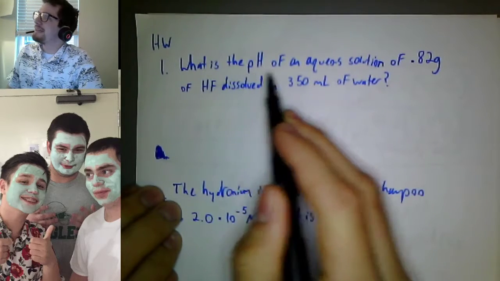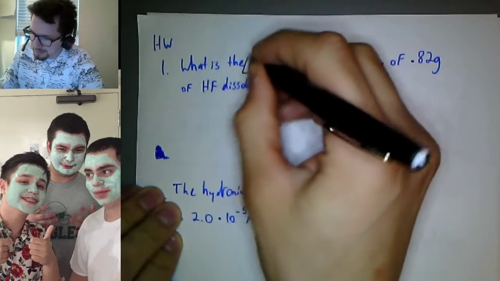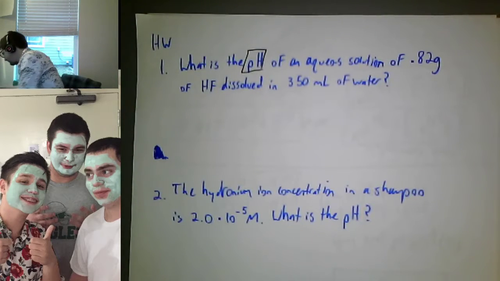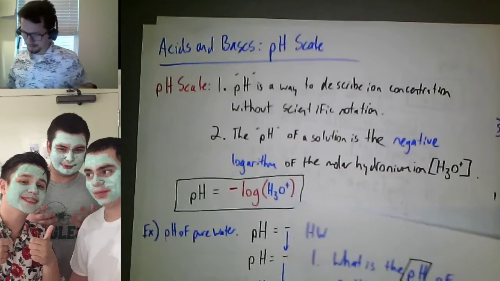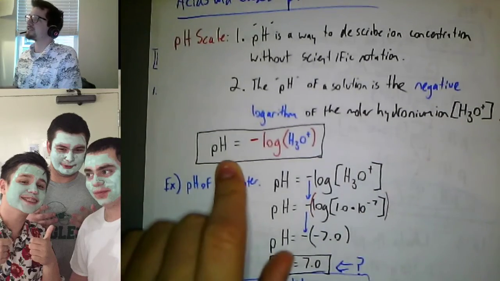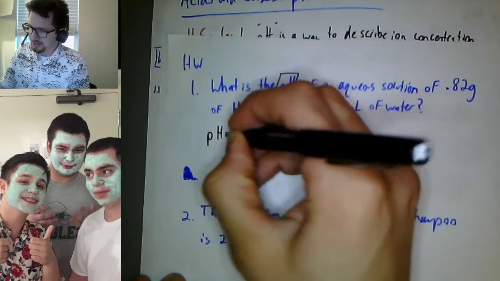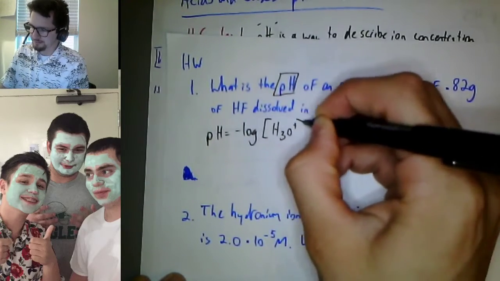It says, what is the pH of an aqueous solution, blah, blah, blah, blah. What is it looking for? The pH. Now in our notes, if you're looking for pH, this is what we're using. pH equals negative logarithm of H3O plus.